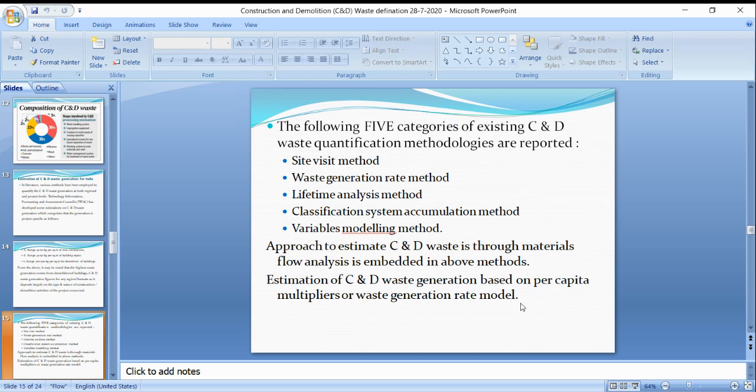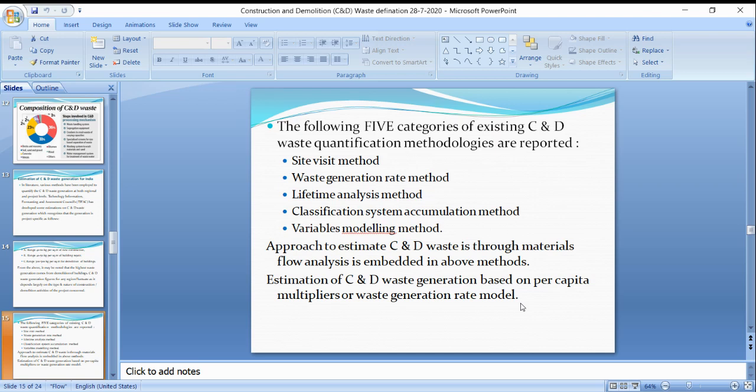The approach to estimating C&D waste is through materials flow analysis embedded in the above methods. So how will they identify it? By the site visit method, you can analyze how much waste is coming in. In the waste generation rate method, you see how much waste is generated daily at that location.